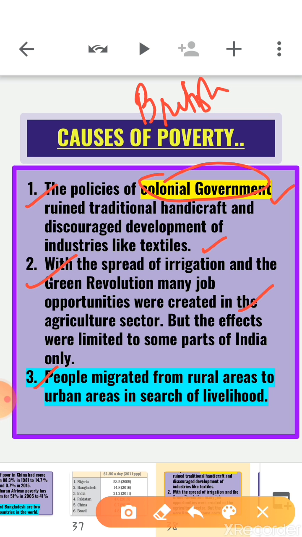Basically, these people could not afford expensive housing, right? They started living in slums on the outskirts of the cities, and the problem of poverty, largely a rural phenomenon, also became a feature of the urban sector.